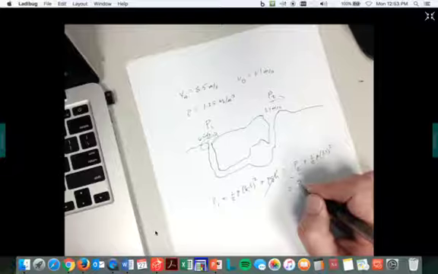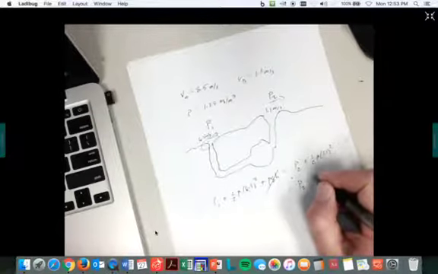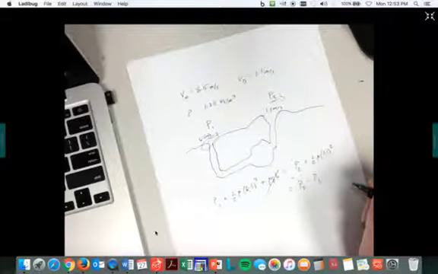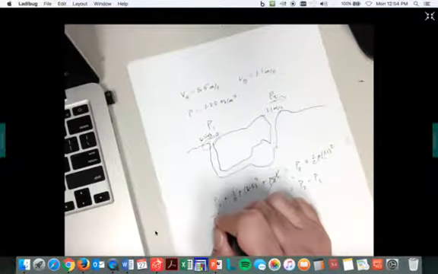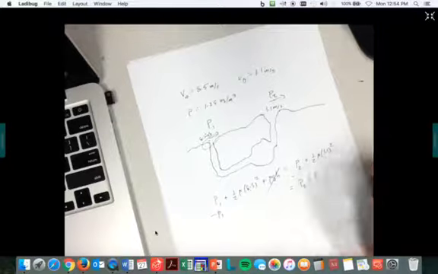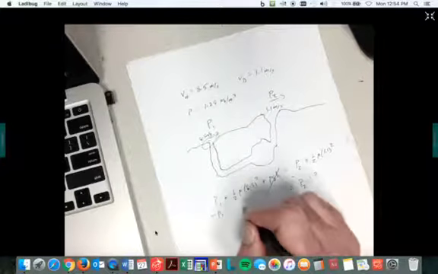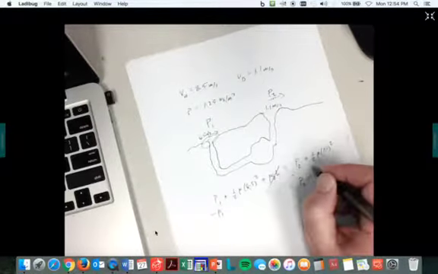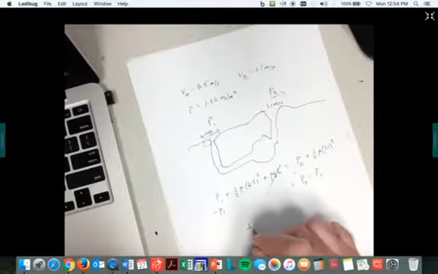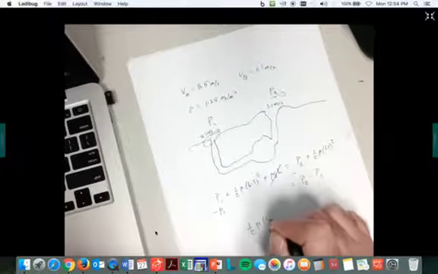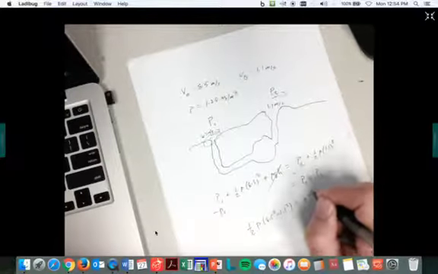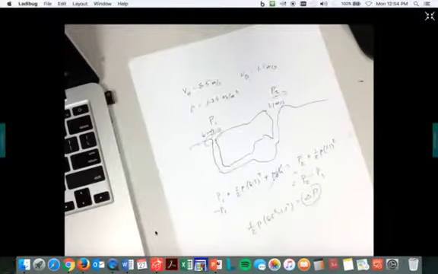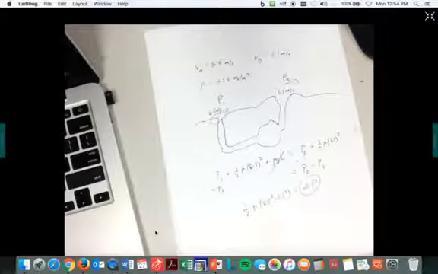So P2 minus P1 equals 1/2 rho times (8.5 squared minus 1.1 squared). That's what they're after, the change in pressure. It's not hard. The Bernoulli thing's not hard, and it's really cool.